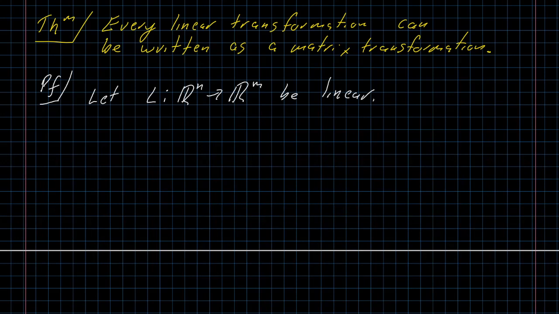All right, in order to prove this, we're talking about linear transformations. So I guess the first thing we need is to establish a linear transformation. And if every linear transformation can be written as a matrix transformation, it turns out that the easiest way to deal with this is to establish a particular vector.